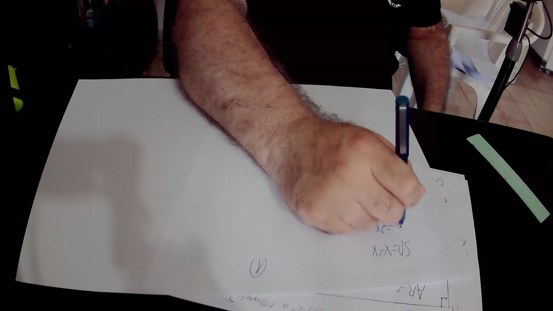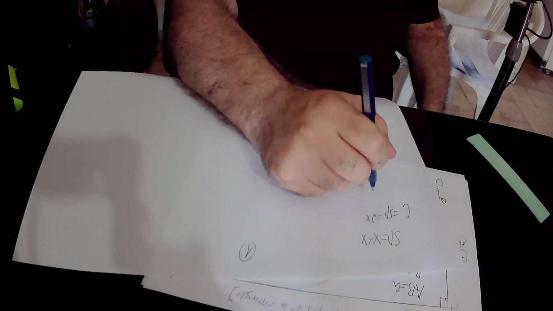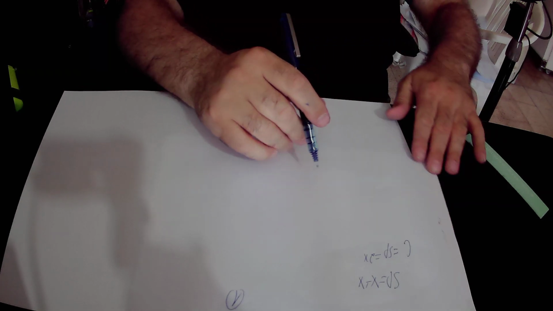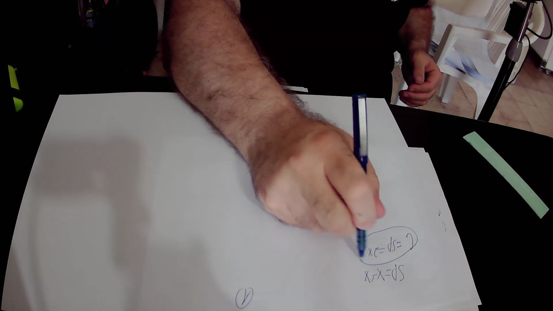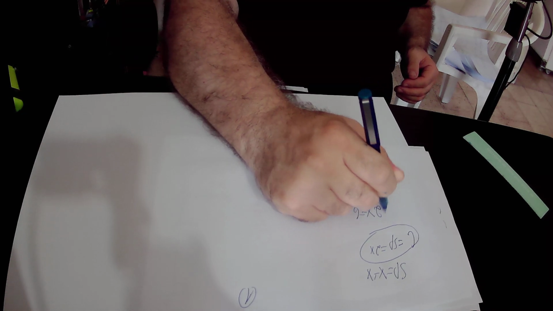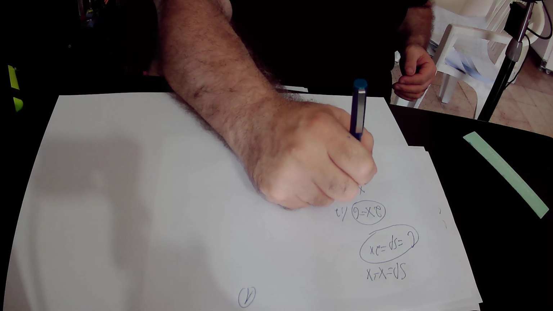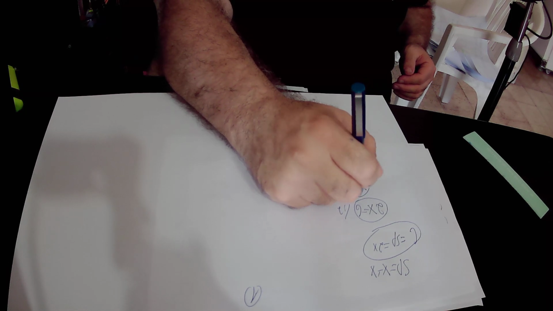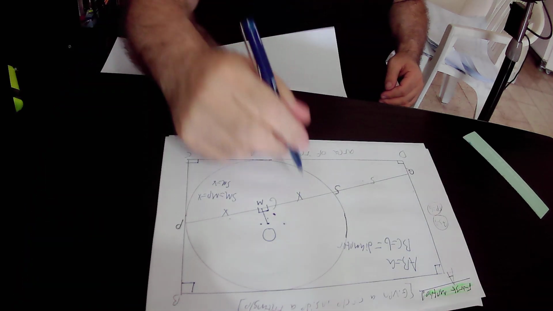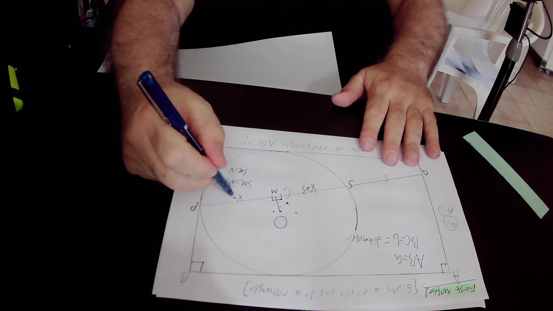It is given that SP equals 6. So from this equation, 2X equals 6. We divide this equation by 2 and we get that X equals 6 over 2, that is 3. Here X equals 3 units and here X equals 3 units.